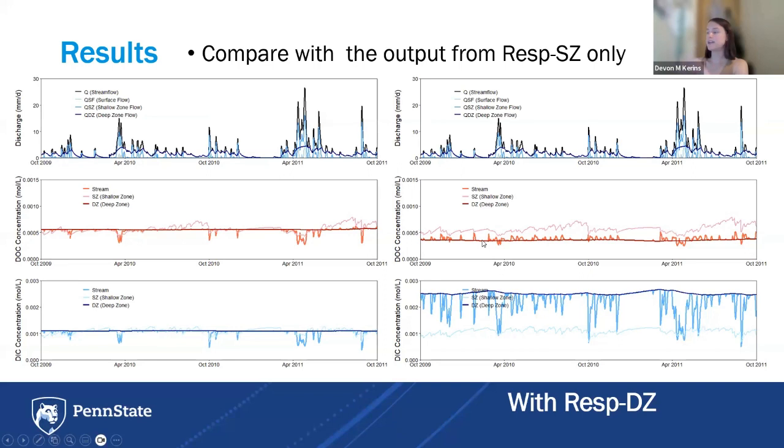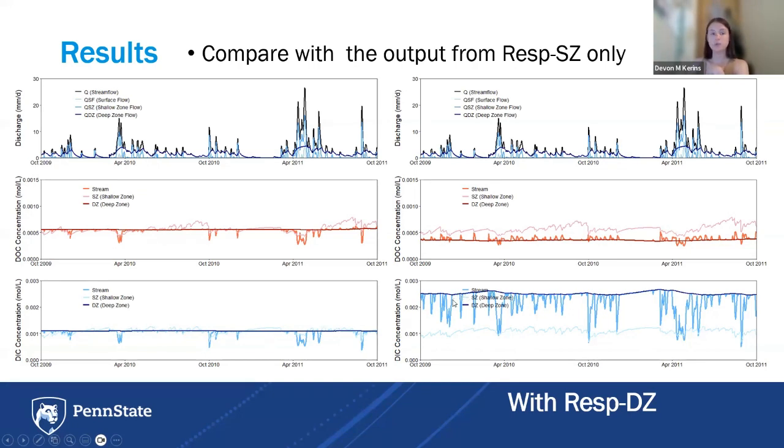Whereas we can see that there is a much greater difference in the concentration in the shallow zone and concentration in the deep zone of DOC when we have this deeper zone respiration process included. We can also see the change in concentration in DIC in the deep zone. We can see the increase in production of DIC from this deeper zone respiration process. As you can see, the shallow zone DIC concentration does not change much between the two cases. However, the deep zone concentration does.